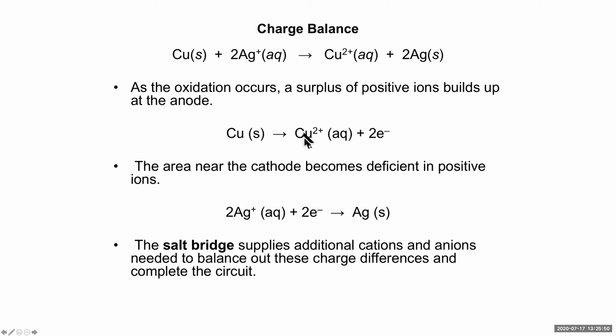So that's producing 2 copper ions. And so the nitrate's coming over to neutralize those extra copper ions. Then on the other side, you have a deficiency in positive ions because the silver ions are disappearing from solution. And so you have the sodium ions from that salt bridge replacing those. That's what this slide is about.